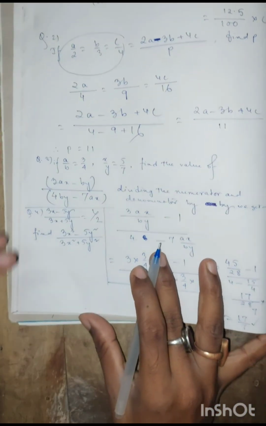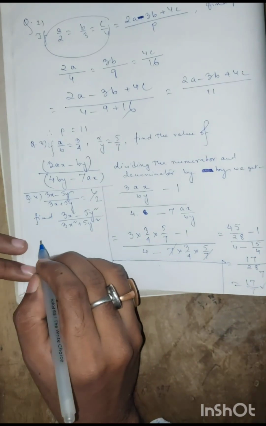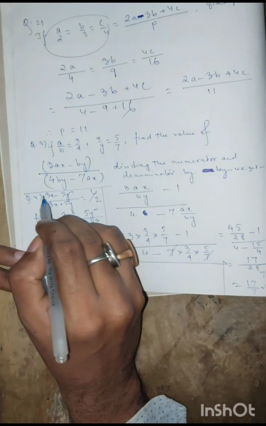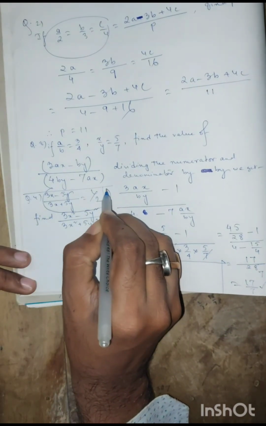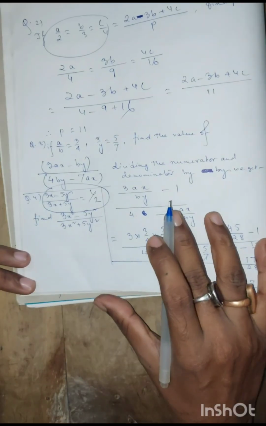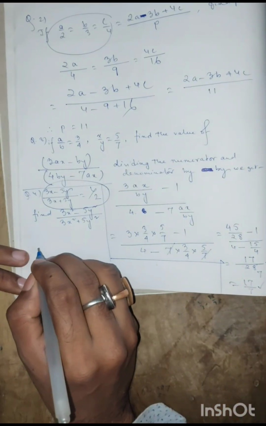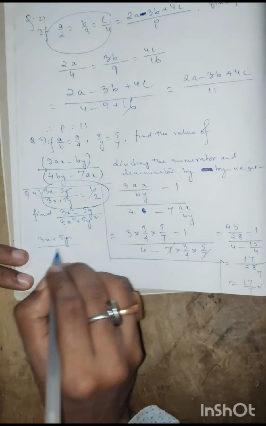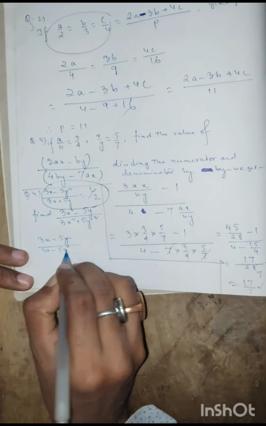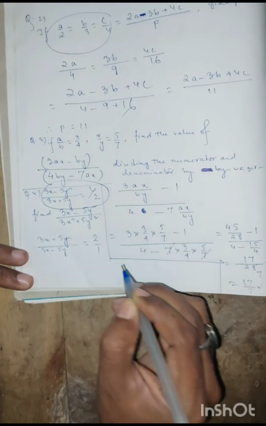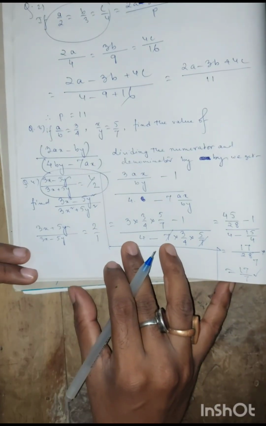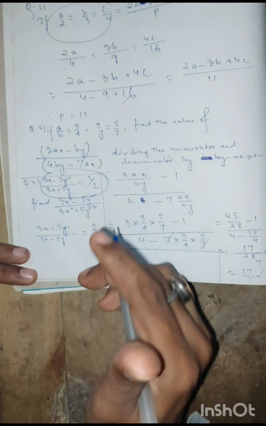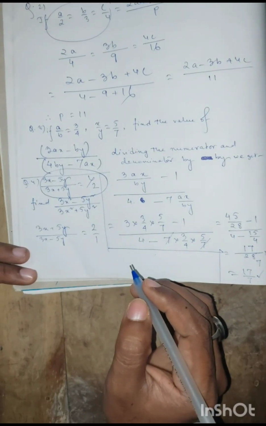So we can write 3x minus 5y by 3x plus 5y is equal to half. So if we write it as 3x plus 5y by 3x minus 5y is equal to 2 by 1. Okay, we just inverted the equation. This is what we are getting now.